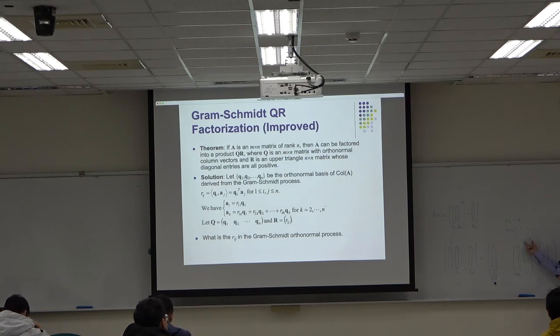Otherwise, when you multiply this one by this one, you won't get W1, right?